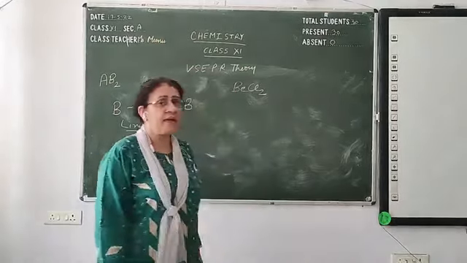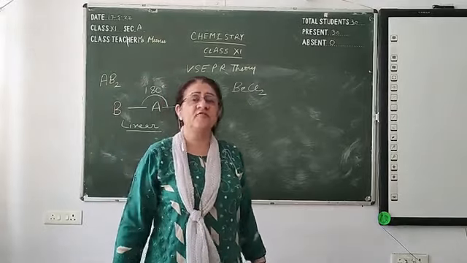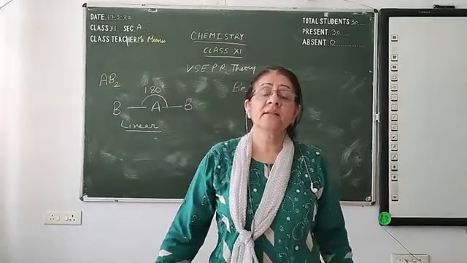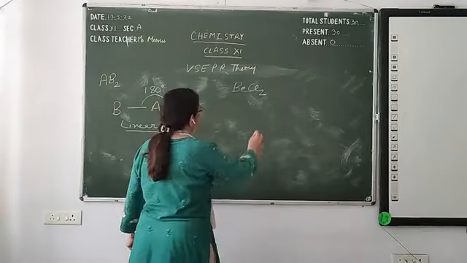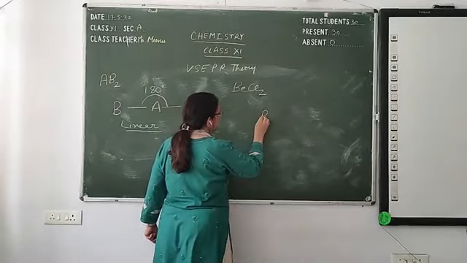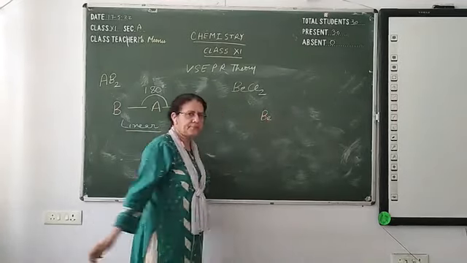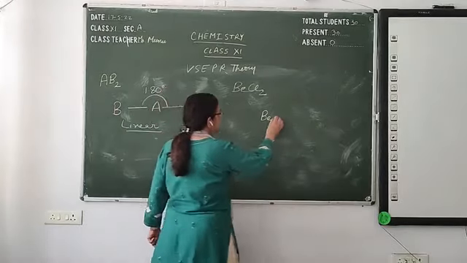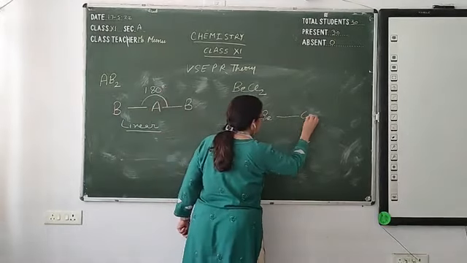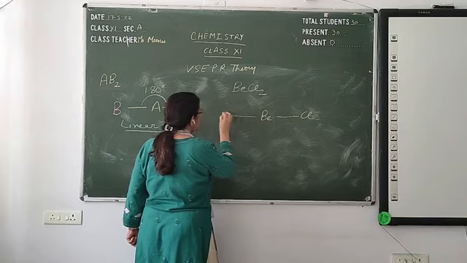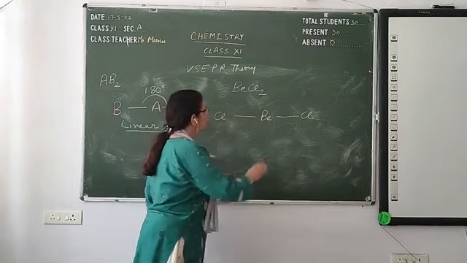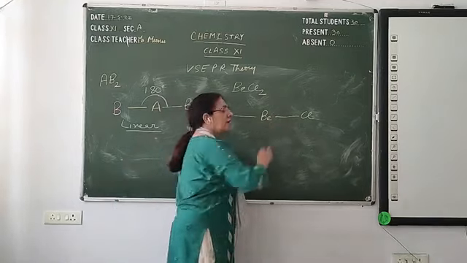Now, in case of beryllium chloride, tell me which is the central atom? The central atom is beryllium, and it is bonded to 2 chlorine atoms.